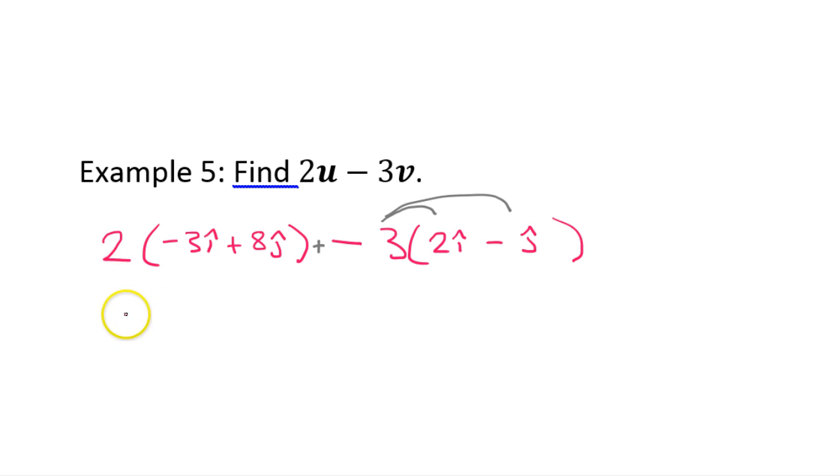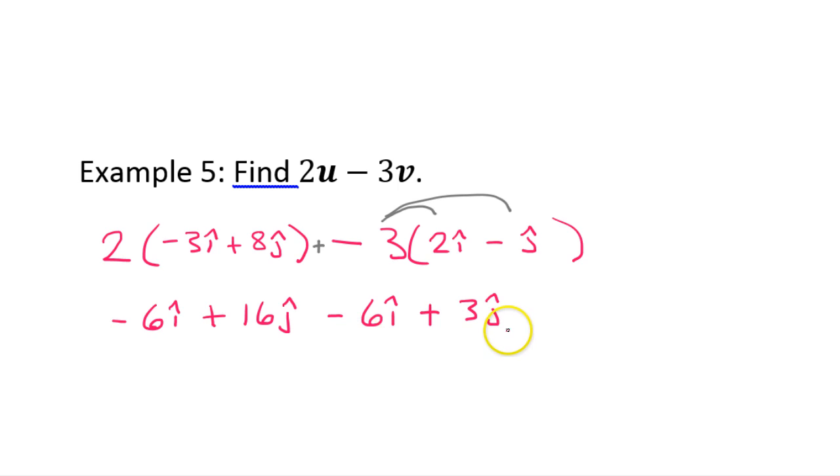So with that in mind, I'm going to have negative 6i plus 16j, and then negative 3 times 2 will give me negative 6i. All right, so I don't need the plus anymore. I'll just put minus 6i. Negative 3 times negative j is going to be positive 3j.